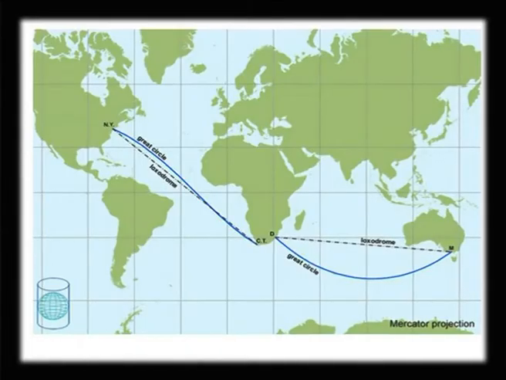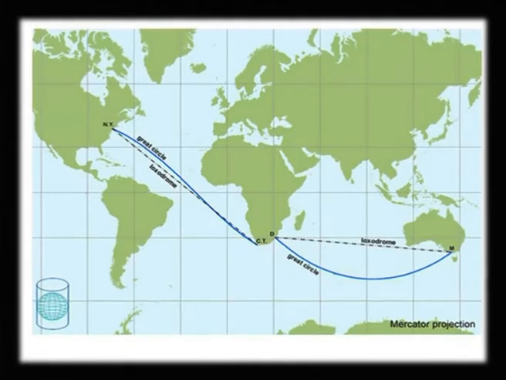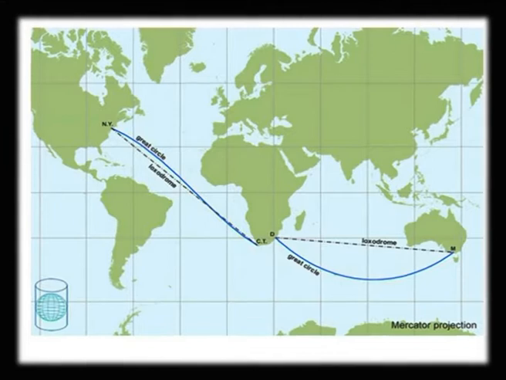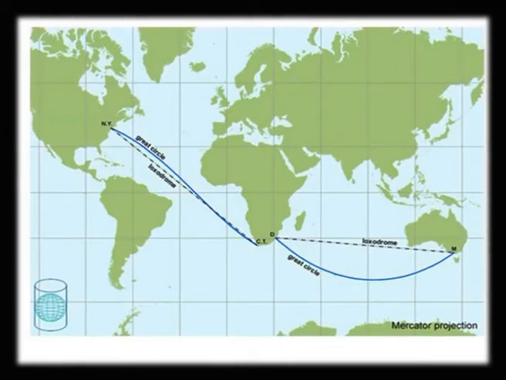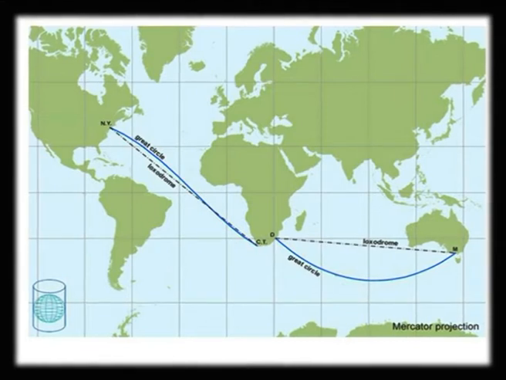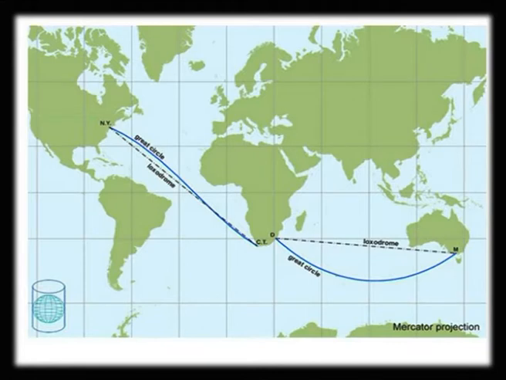Any straight line drawn on this projection represents a constant compass bearing or a true direction line, loxodrome or rhumb line. Sailing the shortest distance course along the great circle means the direction changes every moment. These changes in course direction can be determined by plotting the great circle on the Mercator's projection.